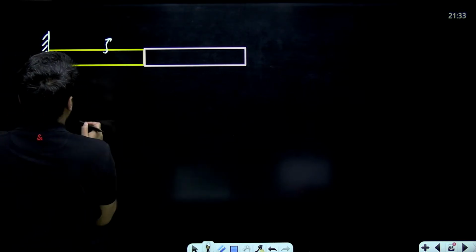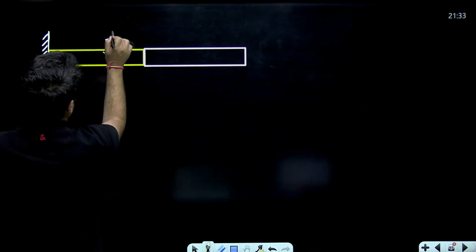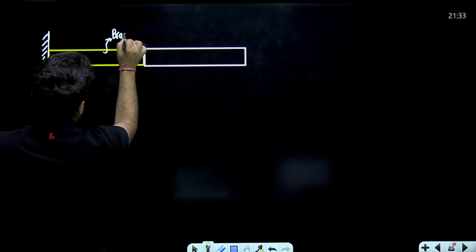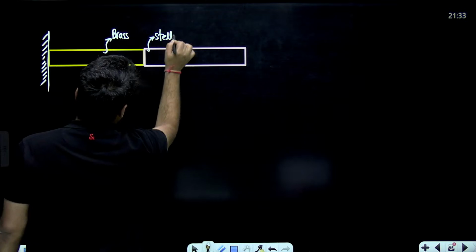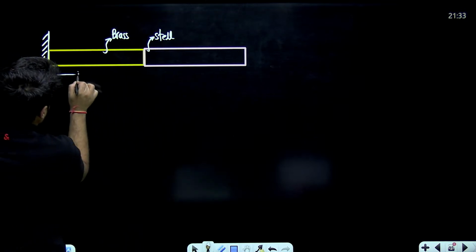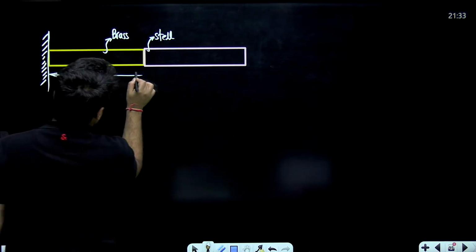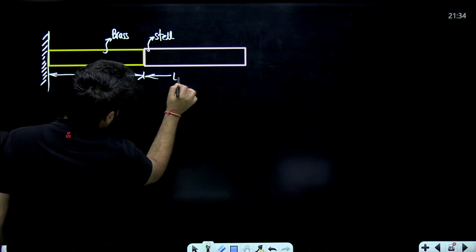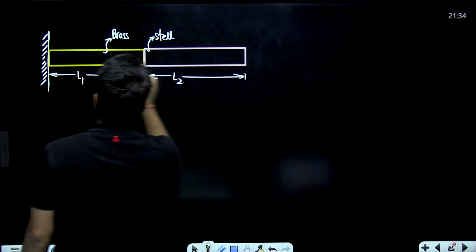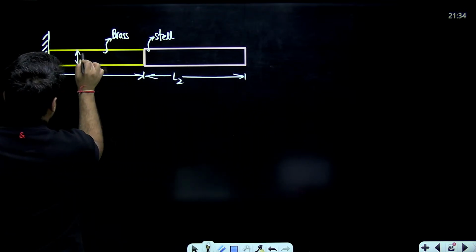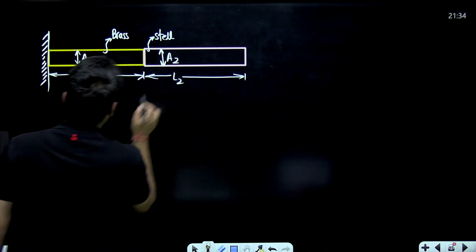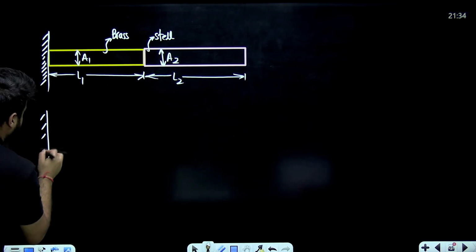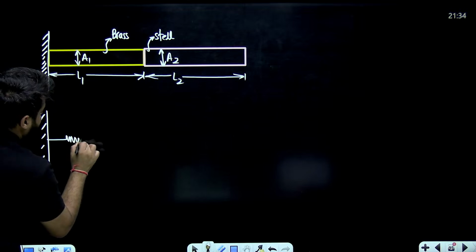Okay, so the first one is brass and the second one is steel. Lengths L1 and L2 are same, and the beautiful part is A1 and A2 are also same. Can you convert the same rod system into a spring system of stiffness K?